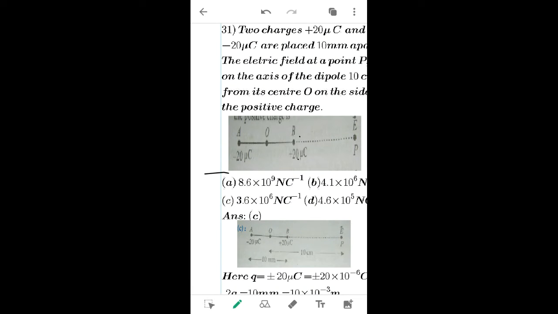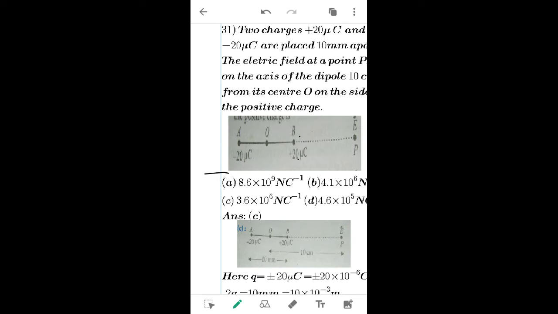Two charges plus 20 microcoulomb and minus 20 microcoulomb are placed 10 millimeter apart. The electric field at a point P on the axis of the dipole, 10 centimeter from its center O on the side of the positive charge. So you can see the figure here.